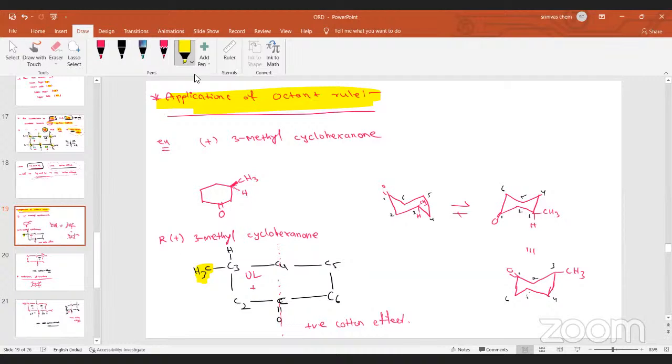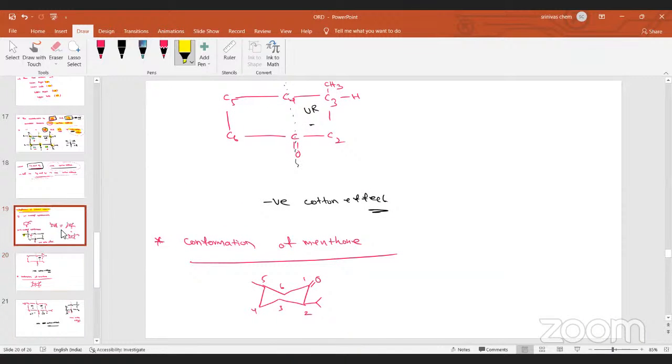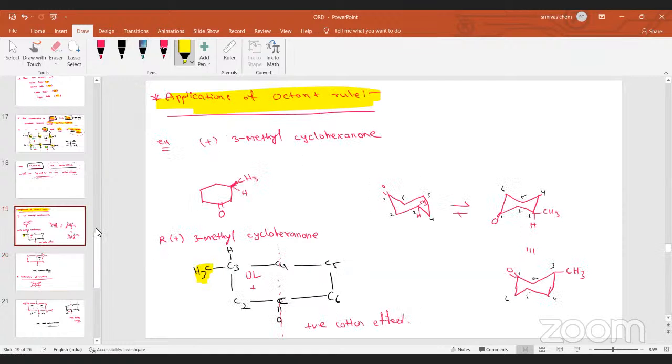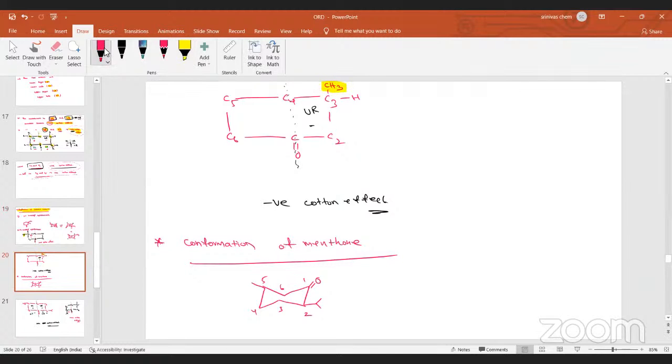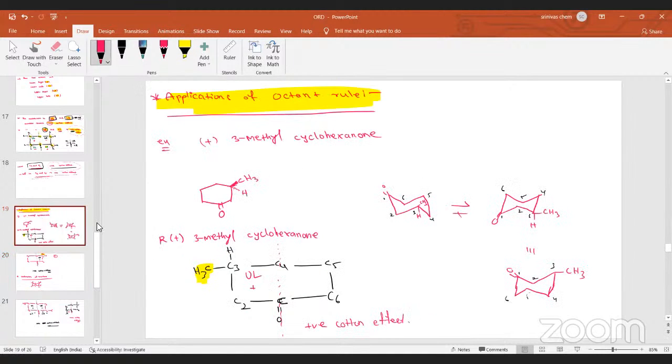Suppose the methyl is present on the left side here, so it is upper left, which means a positive Cotton effect. Consider the axial position and the equatorial position of the C3 methyl. When the methyl is in the equatorial position, it shows a positive Cotton effect because it is upper left.